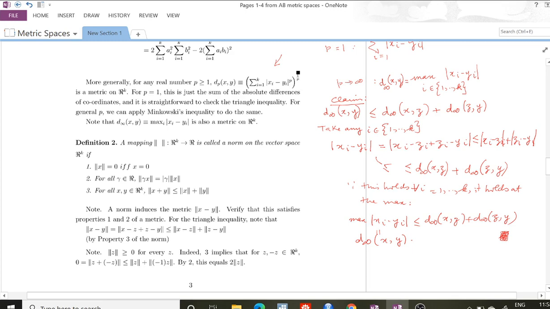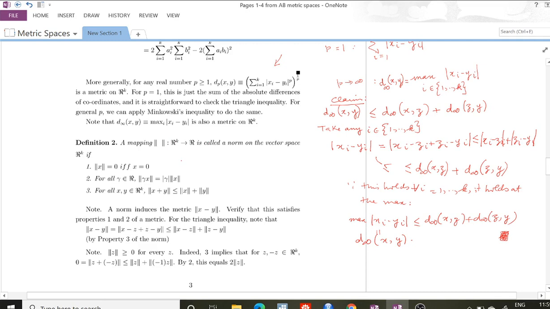So now endow Rk with all the properties of a vector space over the field of real numbers, right? And then we'll say that a mapping or a function from Rk to R is called a norm on the vector space Rk if it satisfies these three properties.